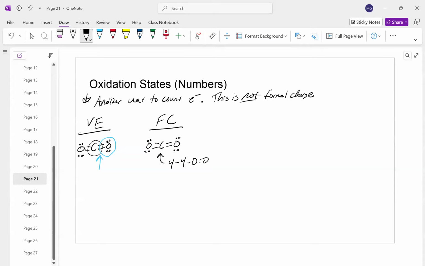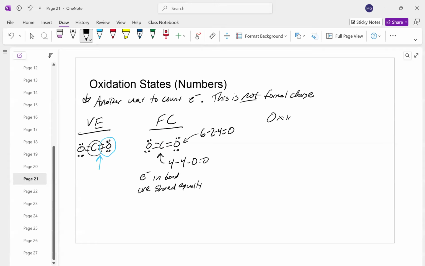And then for oxygen, the oxygen atom has 6 valence electrons, it's got 2 bonds to it, and then 4 non-bonding electrons. It also has a charge of 0. But what formal charge assumes is that electrons in a bond are shared equally, which now that we've talked about electronegativity, we know is not necessarily the case if one atom is more electronegative than the other.